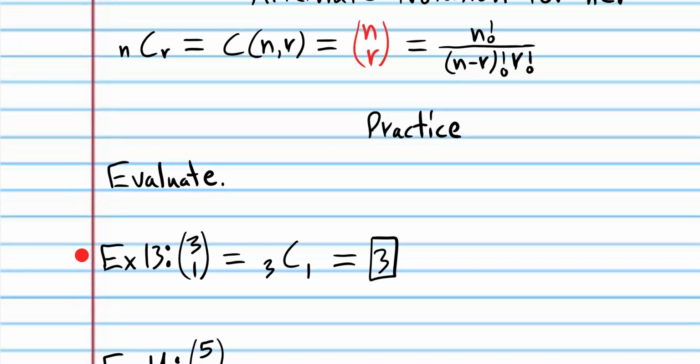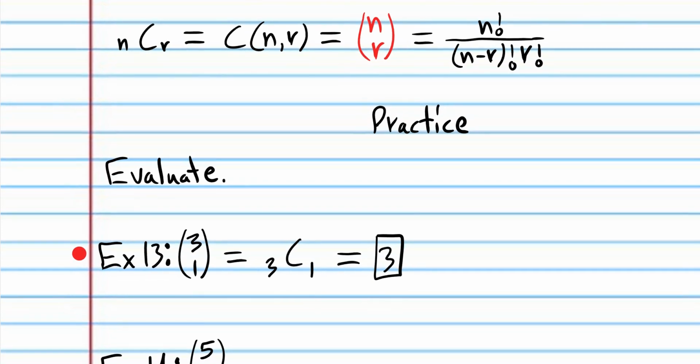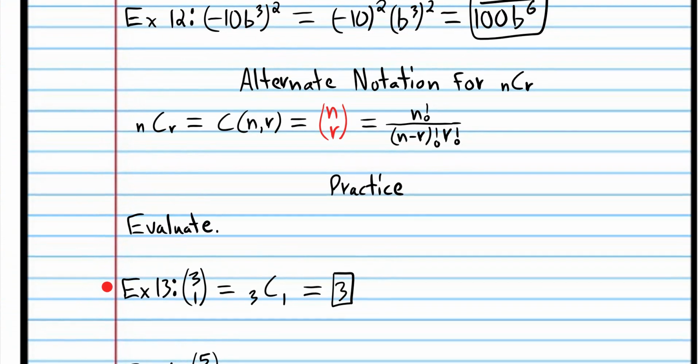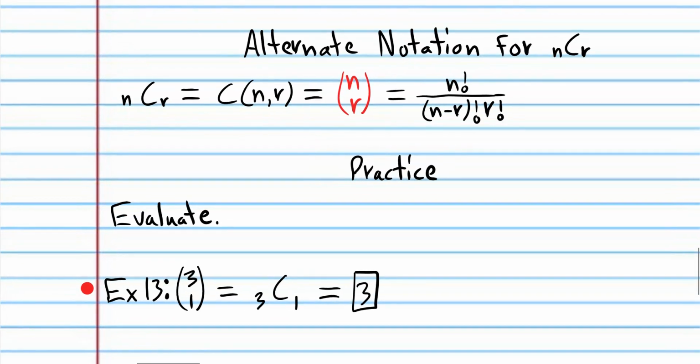Now, notice I said we're choosing one thing out of 3. It's beneficial at this point in your math education to use a different way of saying this expression. C can stand for choose because we're choosing a group of things. In this case, it's only one thing, but normally you're choosing a group of things out of n things.